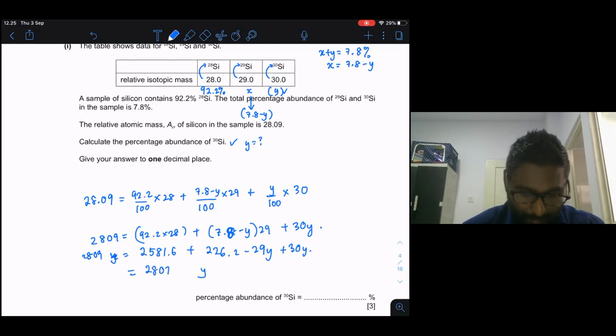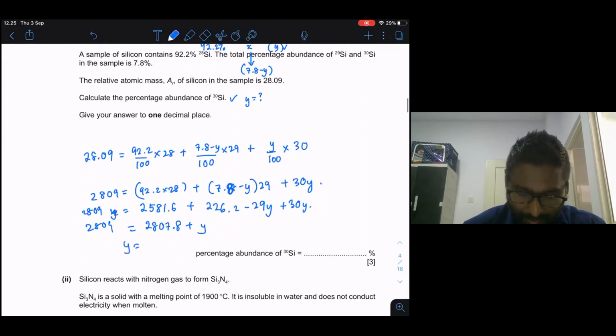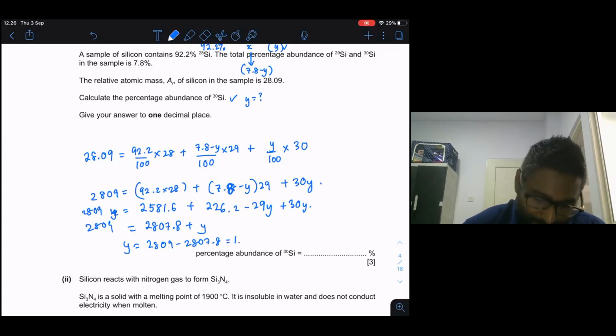One point two. Okay, so Y is 2809 minus 2807.8. Yep, you're right. So 1.2%.